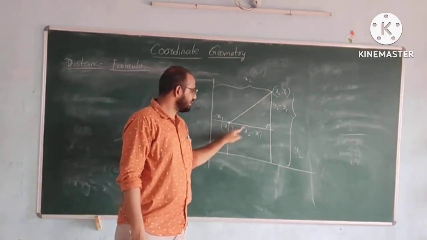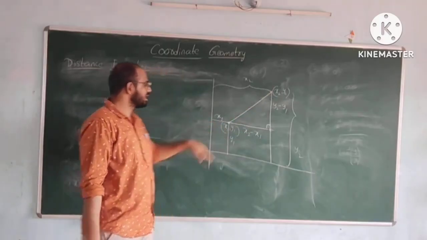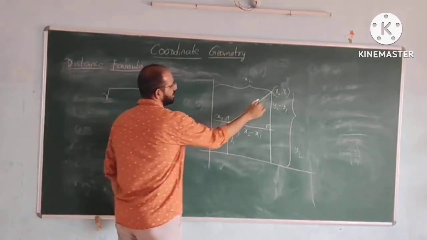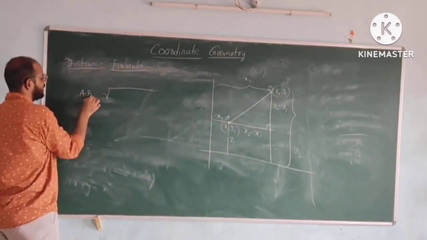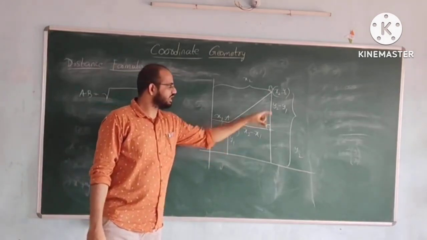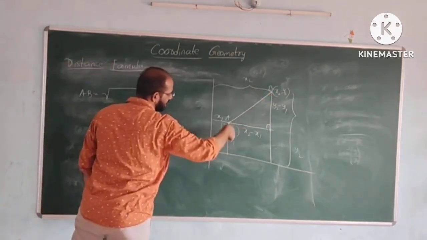Now this forms a right angle triangle. In this right angle triangle, let us take this point as A and this point as B. The distance AB is equal to the root over side square plus side square, so the hypotenuse is the distance we want to find.